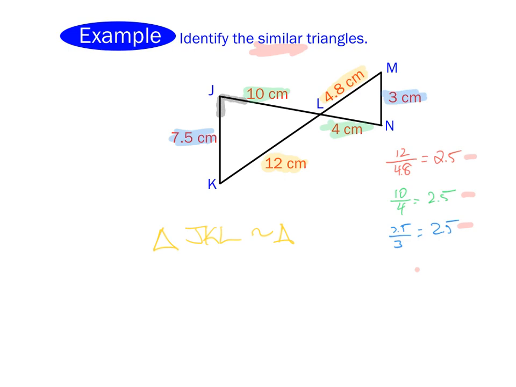The intersection of blue and green over here is N. So J corresponds with N. K would correspond with M. And L corresponds with L. So the similarity statement is triangle JKL is similar to triangle NML. That's how we identify similar triangles.